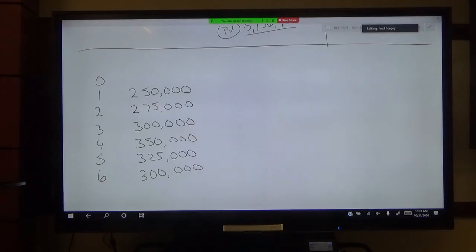Now, at the end of 6 years, let's say that we anticipate that we can sell this property for $4 million. The question is, how much can we buy it for up here, assuming a 7.5% hurdle rate or required rate of return?